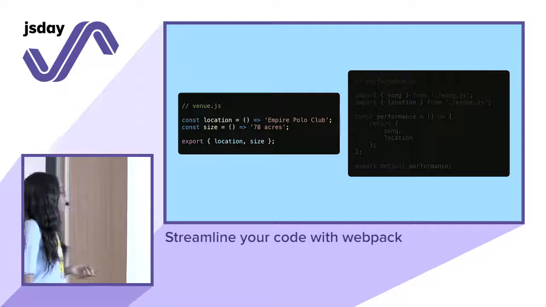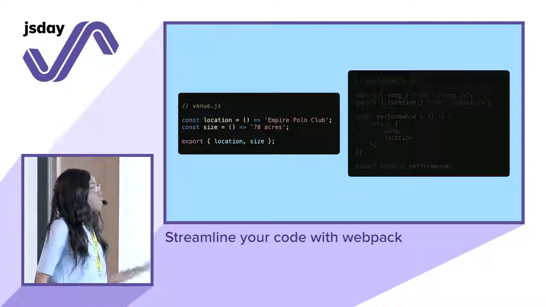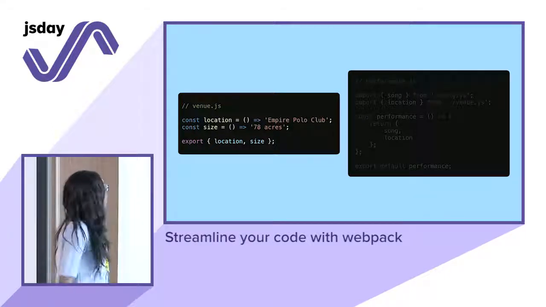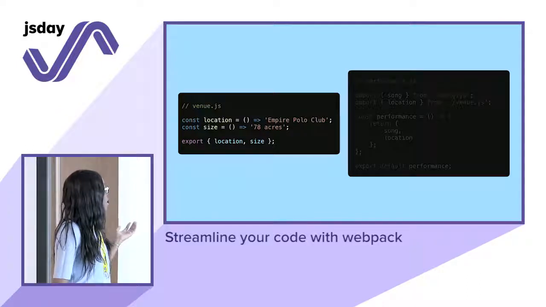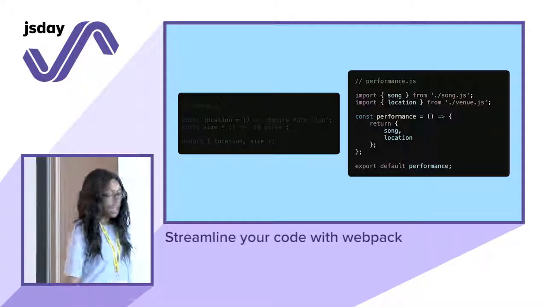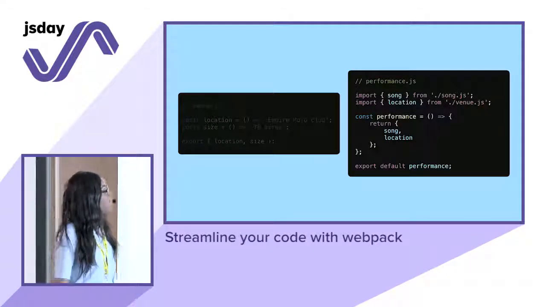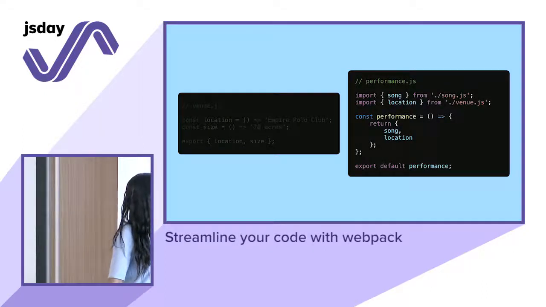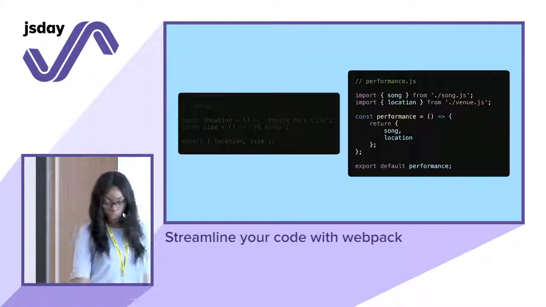One of them is a location function that's just returning two strings in this case. And the other one is a function that returns the size of the venue. And then our performance JavaScript at the top imports from the song, and on the second line, it just imports the location from the venue JavaScript and then returns that in the performance function.